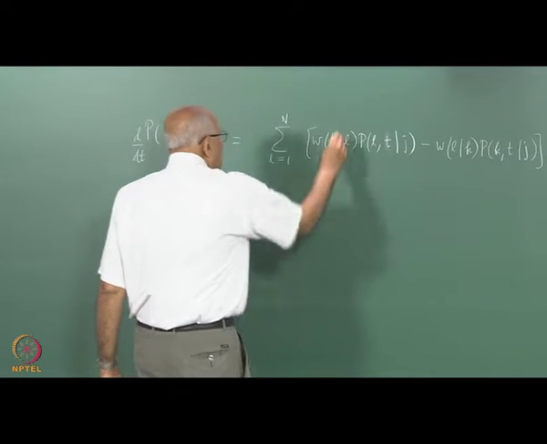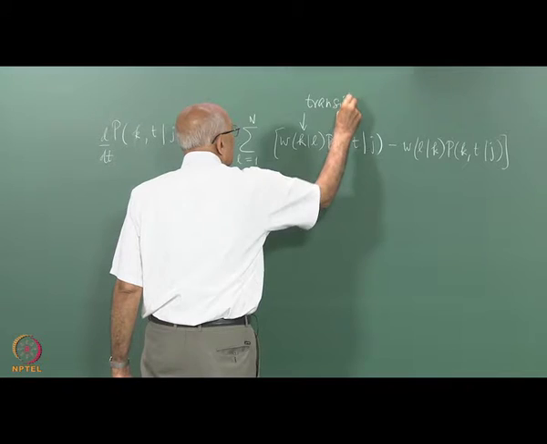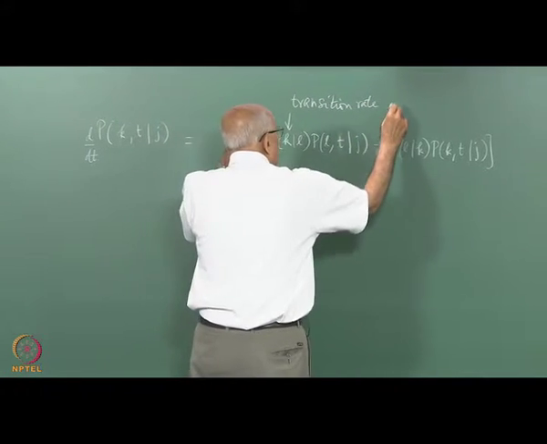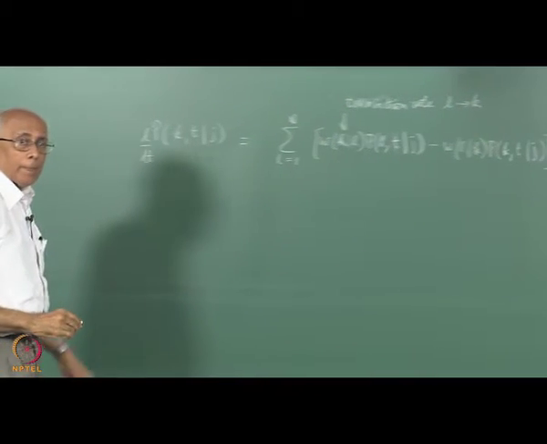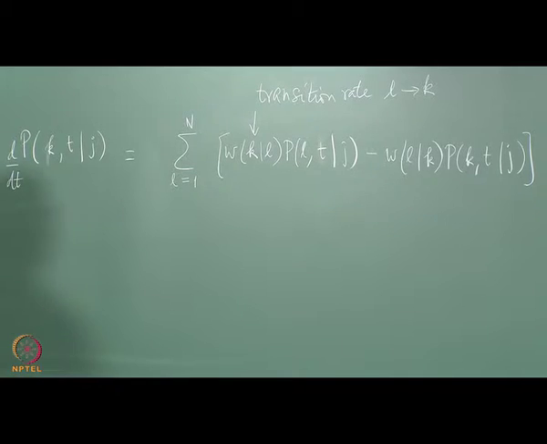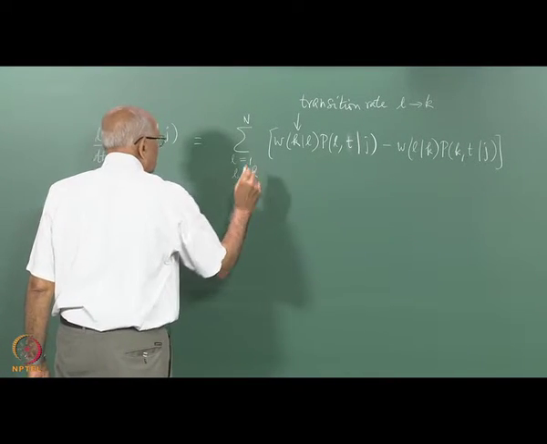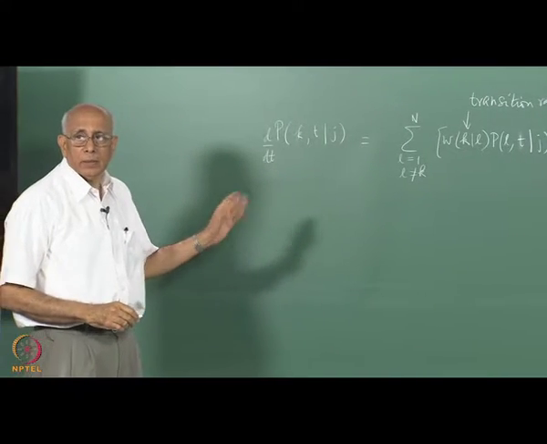And these quantities were the transition rates to go from the state L to the state k. And there was a constraint here which said that L not equal to k. And this is what I call the master equation.